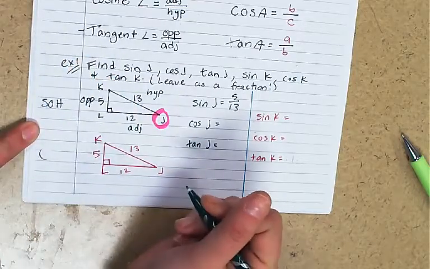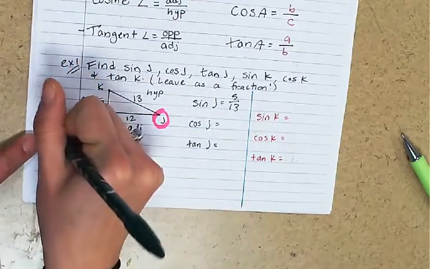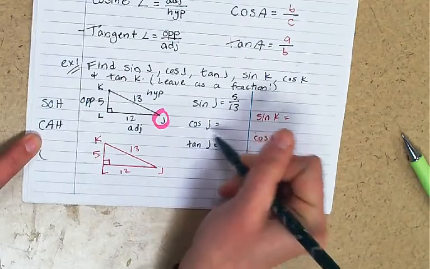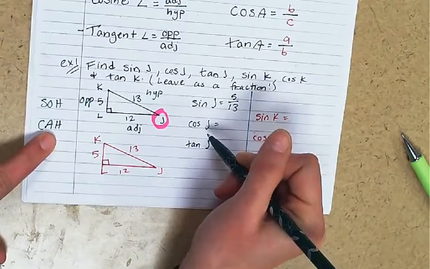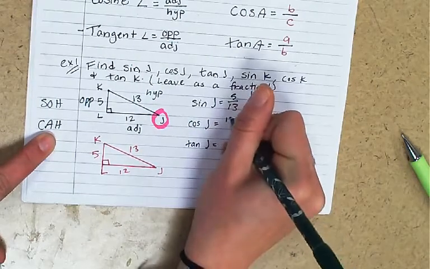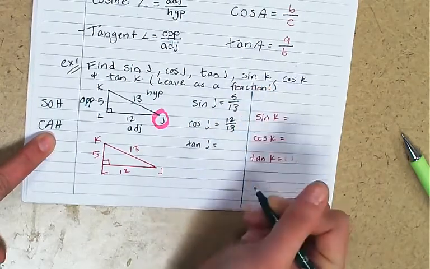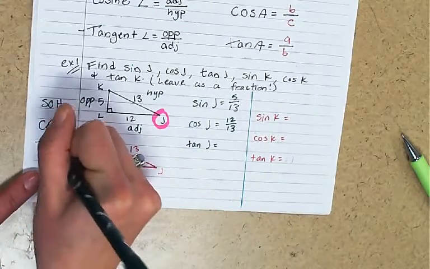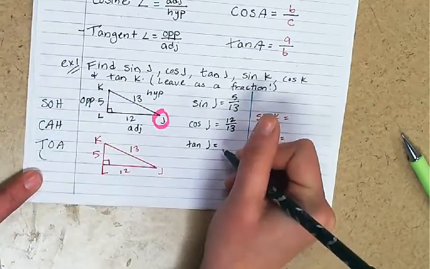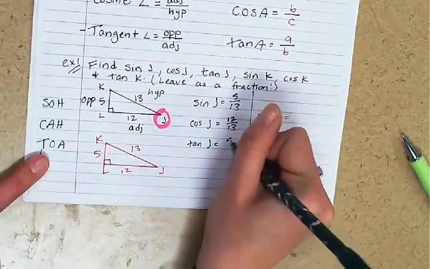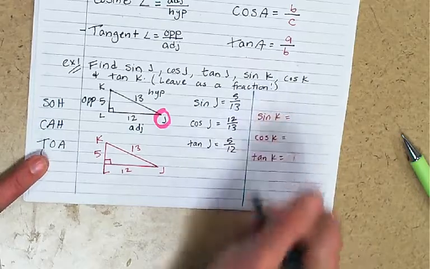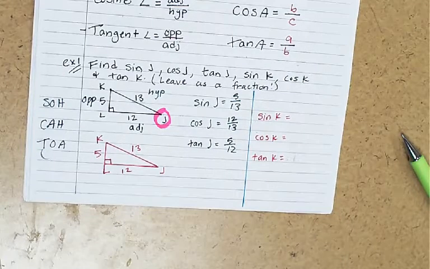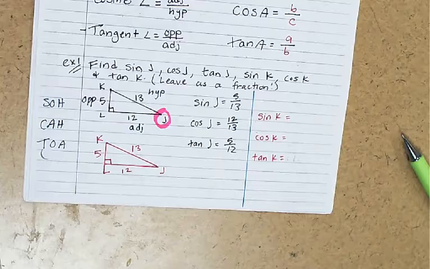Cosine of angle J is the adjacent over the hypotenuse. And the tangent of angle J is opposite over adjacent. We're just going to leave them as simplified fractions like this. I don't want you to answer them as a decimal. You just leave the ratio like this.